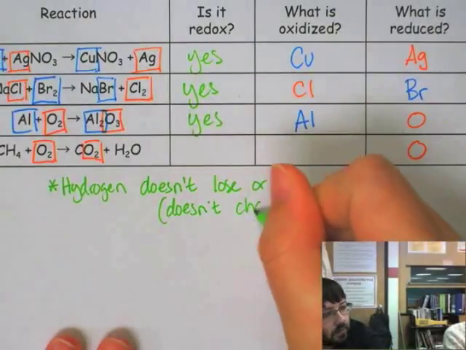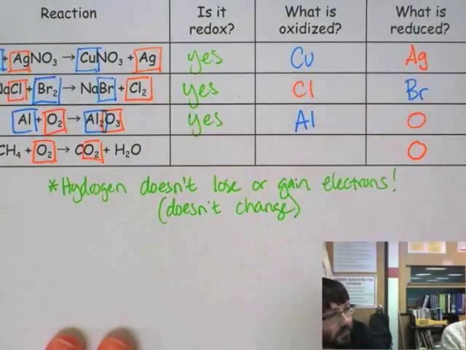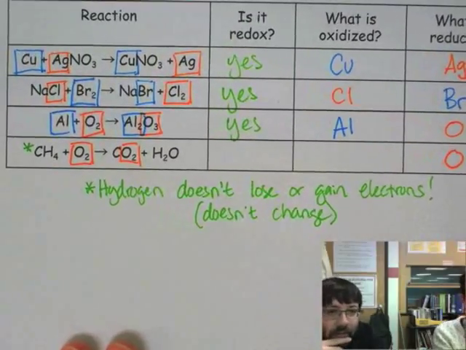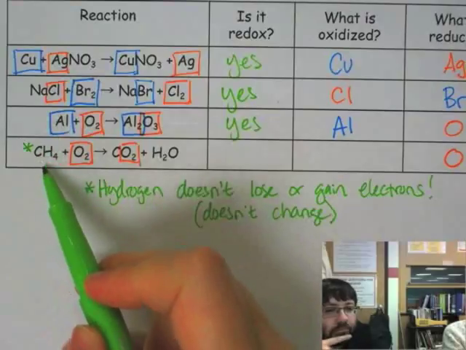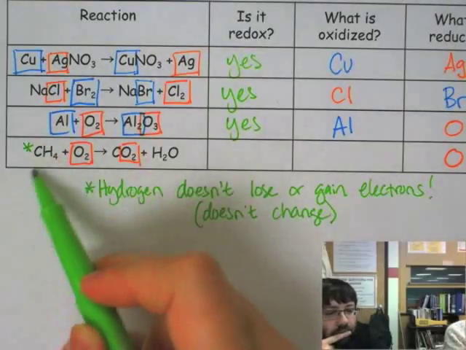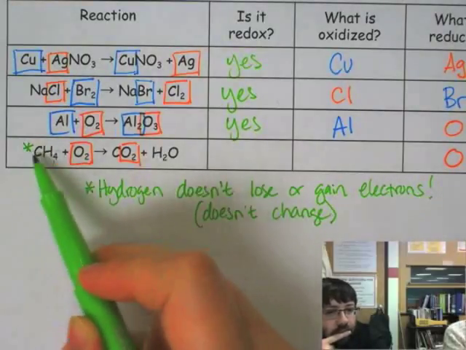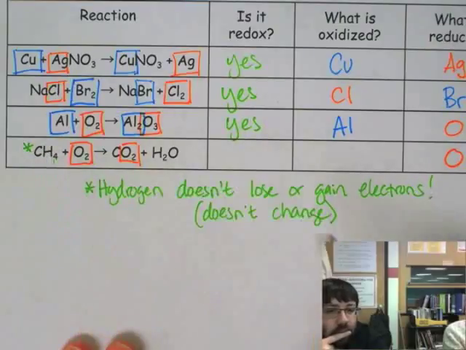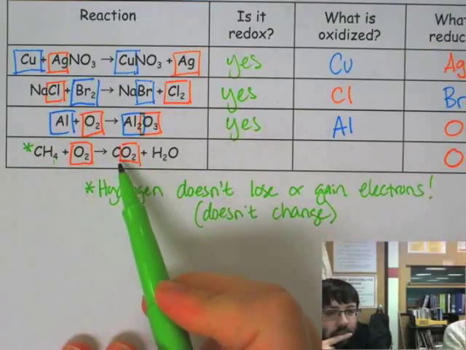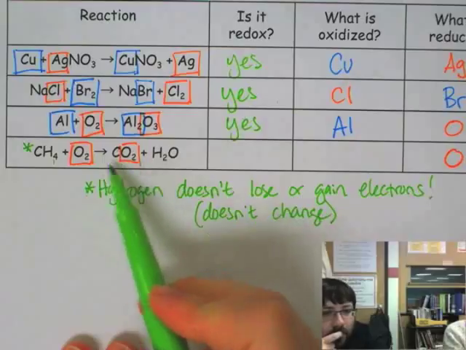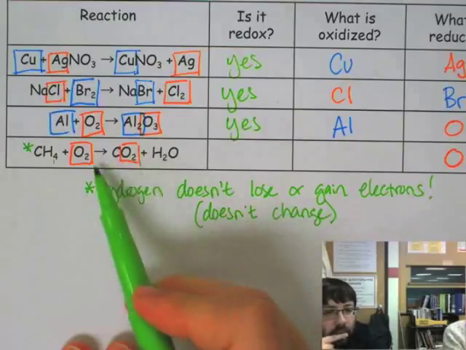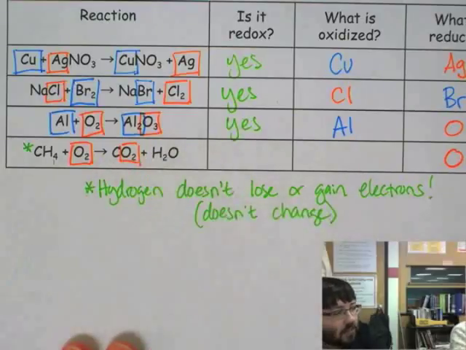Carbon's one of those weird ones where the charge can be plus or minus. It can go either way. So over here we have a carbon that has a negative charge because it's combined with this positive hydrogen, and over here, when it's combined with oxygen, it's got a positive charge, because oxygen's negative.